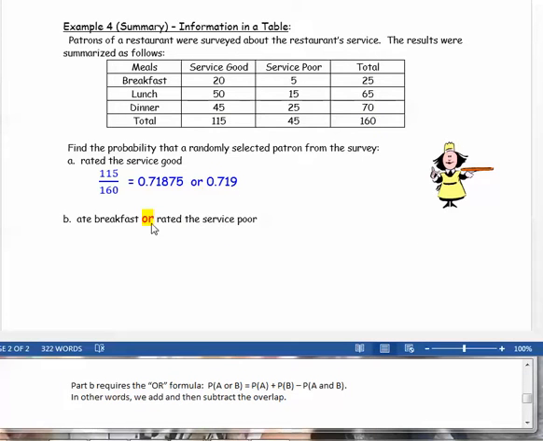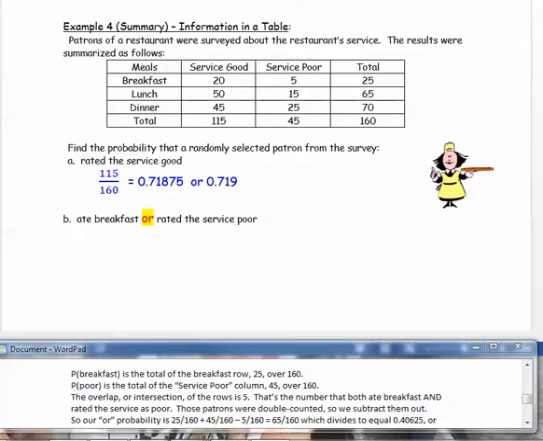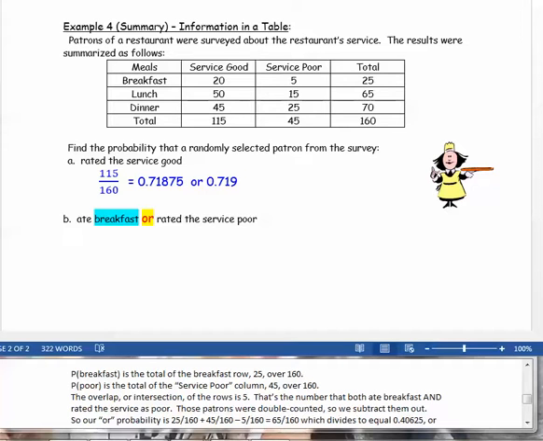Part B requires the OR formula, which was probability A or B equals probability A plus probability B minus probability of A and B. In other words, we add and then subtract the overlap. Well, probability of breakfast is the total of the breakfast row.